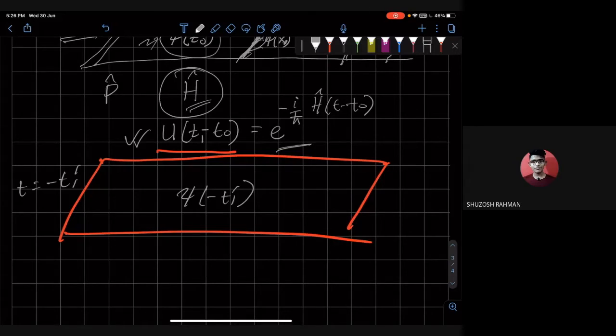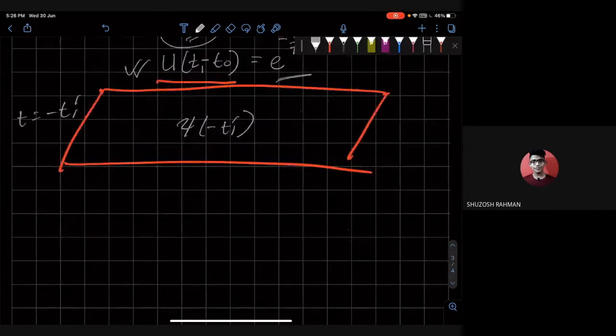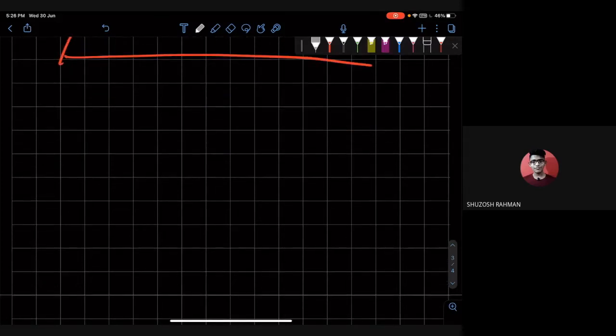The translation operator translates the system along the vector A, right? So suppose this vector can be a very small vector, say delta A, and you can sum up all the delta A_i into a finite A, right?